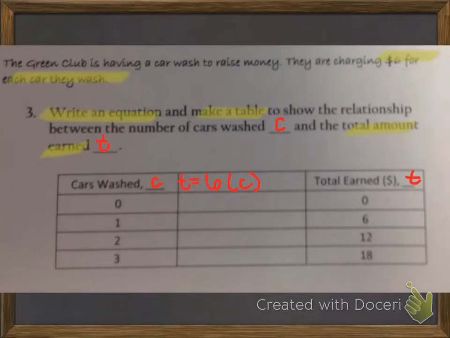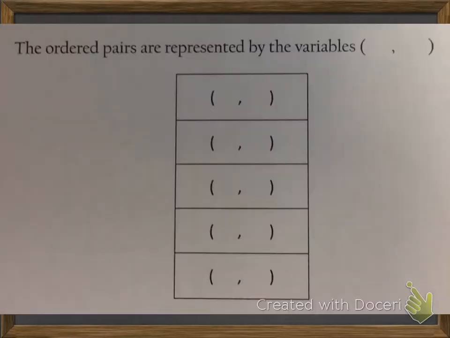I would like you to fill out this chart, and then we are going to place our ordered pairs here. Remember that instead of X and Y, we just picked the labels or the variables C for cars washed and T for total amount earned.